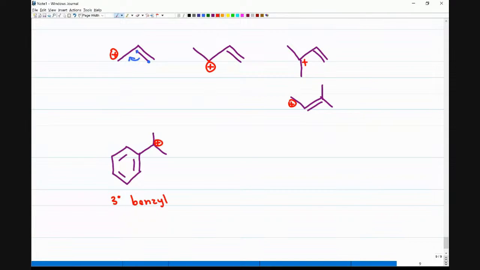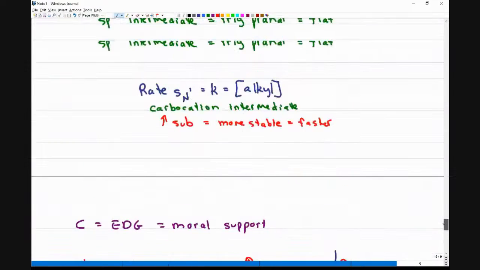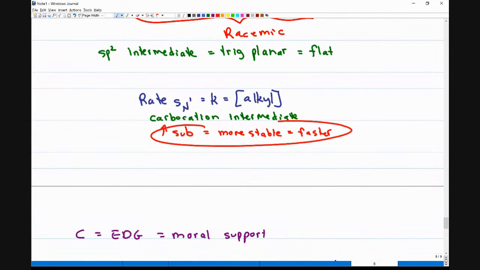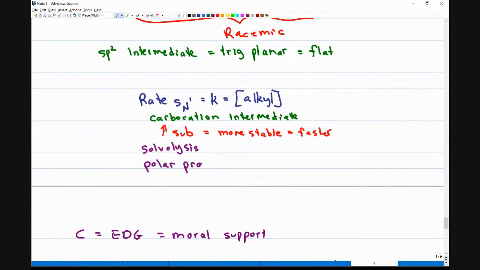All right, so looking back at the SN1 reaction, this is what I meant by the more substituted, the more stable, the faster it's going to be. You'll typically see solvolysis, and solvolysis is typically going to be with a polar protic solvent.